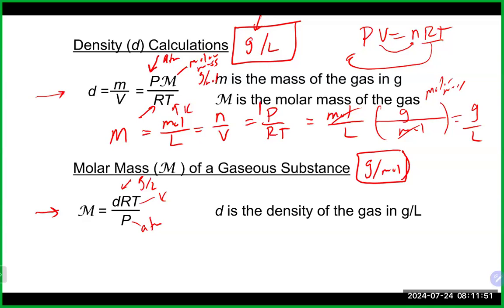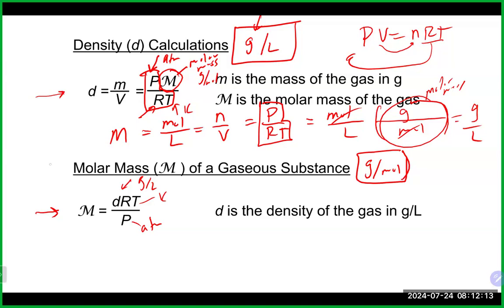Pretty much that is this part right here, and then you multiply it by the molar mass, which is that part right there. So if you can't remember these, you could derive it from the ideal gas law and approach it as a kind of unit conversion thing. Get rid of the units you don't want, keep the units you do want, and that's a really good way.